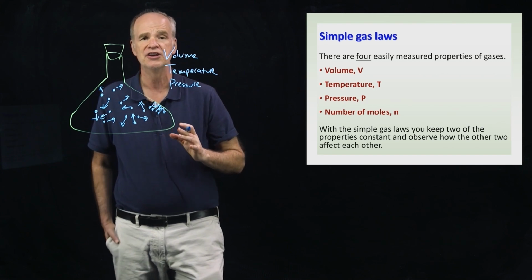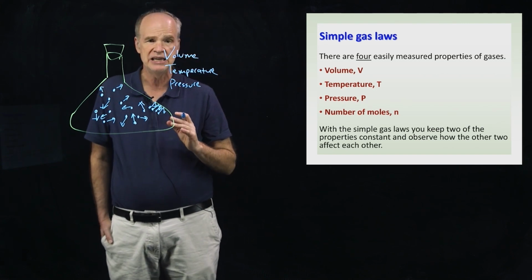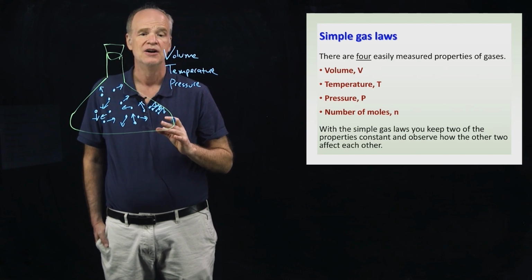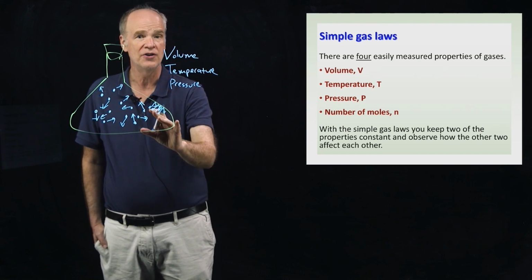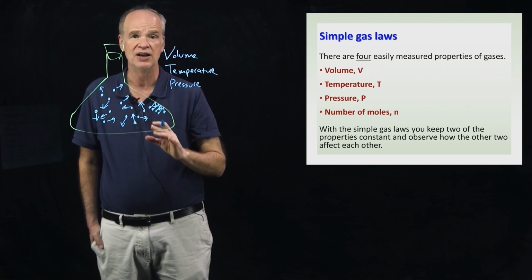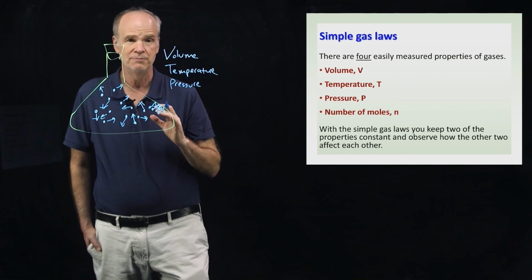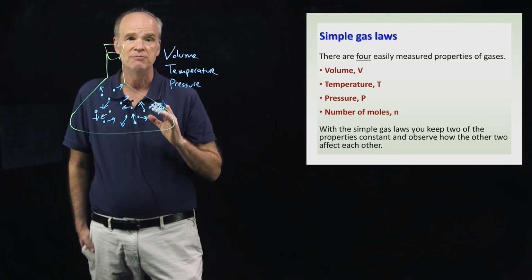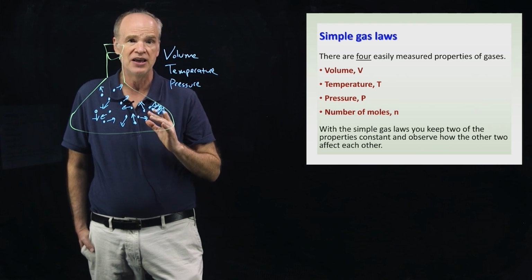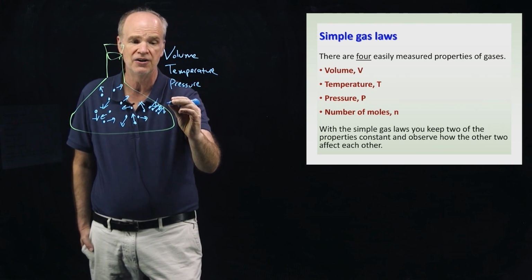Now the force is going to be very, very small for each gas molecule, but if you consider all the gas molecules striking at once, that force will add up. And so pressure is a measure of the force that these gas molecules exert over a certain area.